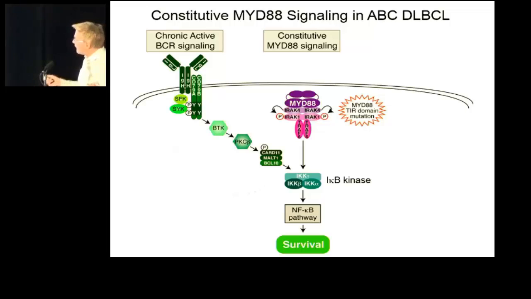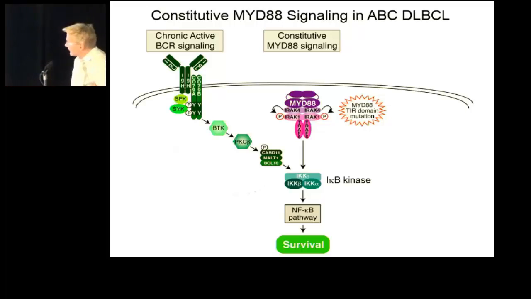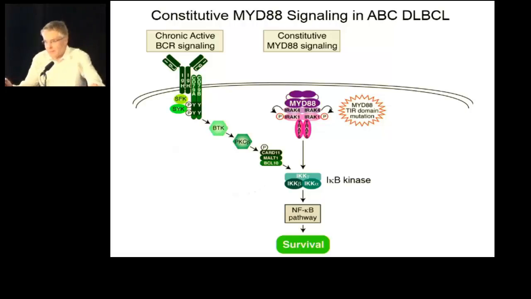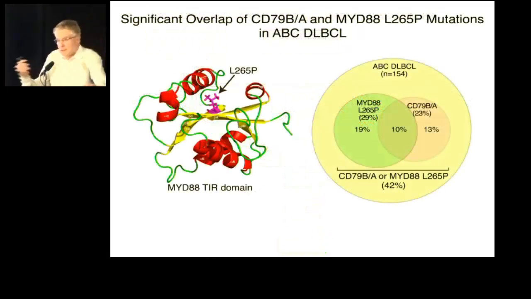And these MYD88 mutations actually lead to an activating mutation that activates NF-kappa B. And in fact, we now are beginning to show that there appears to be cross-interaction between the MYD88 TLR pathways and the BCR signaling.